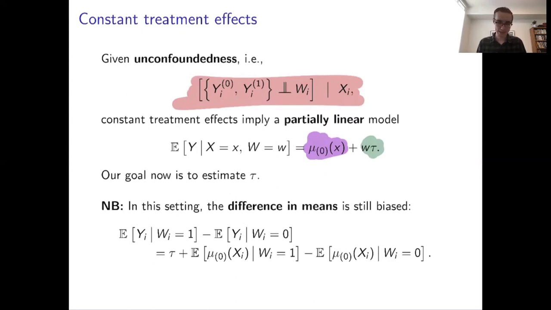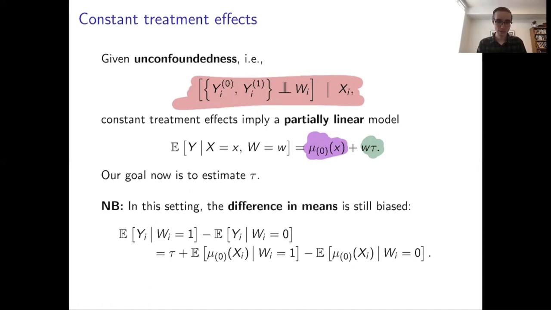One thing that's nice about this formulation of treatment effects in terms of this partially linear model is that you can see exactly what's going on. You can also use it to get a nice reminder of why estimating tau is not so easy. You could, in this setting, think you could estimate tau by just taking the average of the treated units minus the average of the control units, because of course all the treated units had their outcomes bumped up by tau.